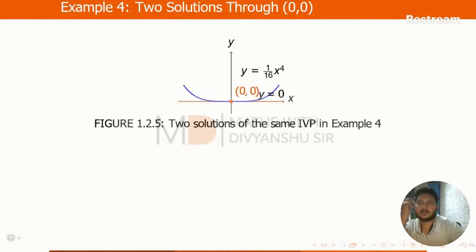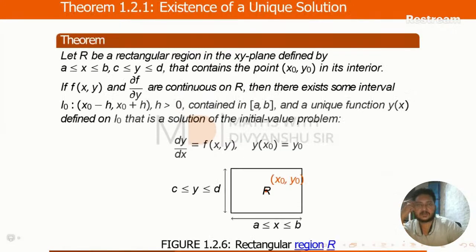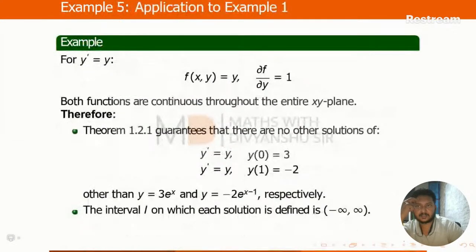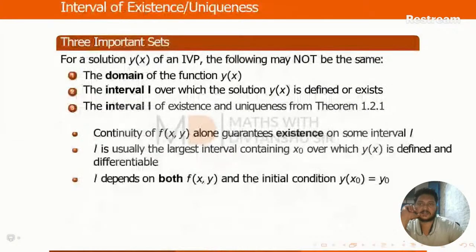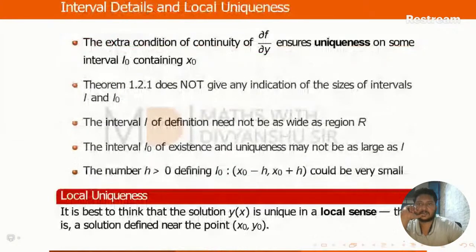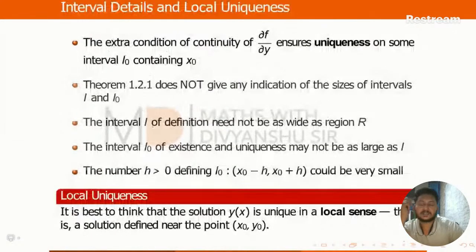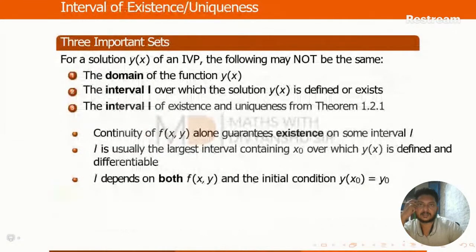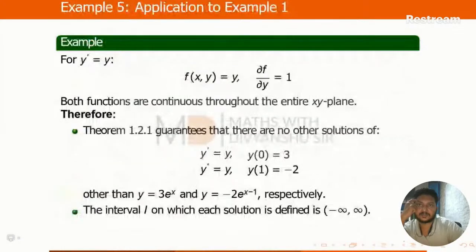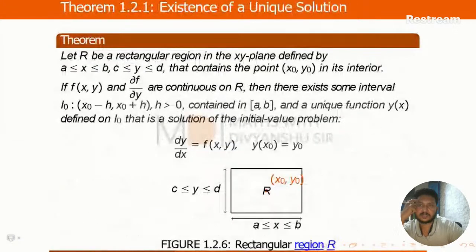Here is some theorem related to existence and uniqueness, with an example and some important sets: local uniqueness, initial value problem, first order, second order, summary. So in this existence and uniqueness portion, I will show you some theorem based on it.